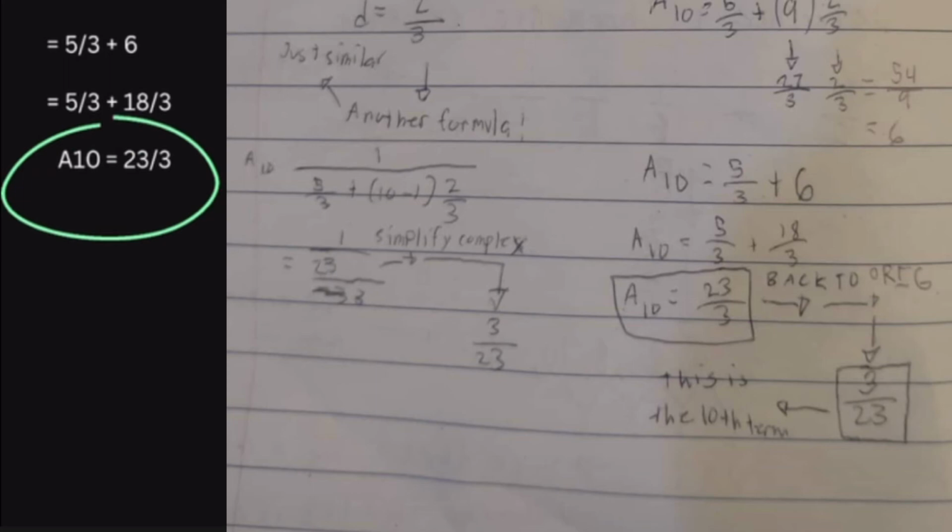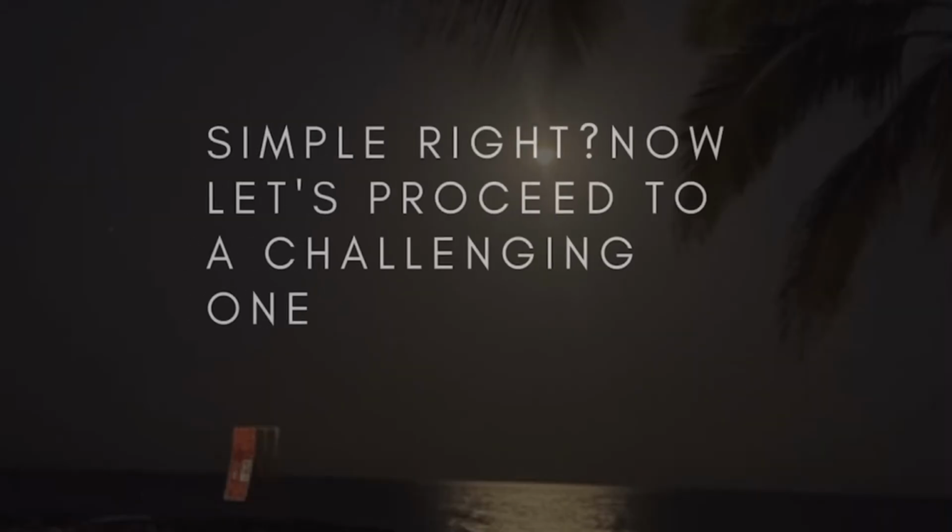We simplify it, it's going to be 3 over 23, which is similar to our answer. But I find the arithmetic sequence formula easier. So, it depends on your convenience what formula you're going to use.